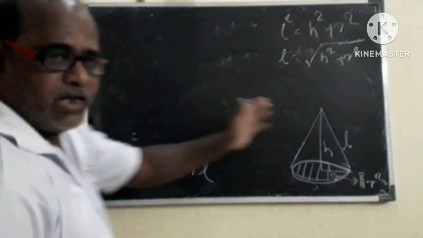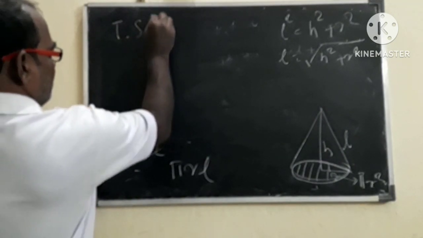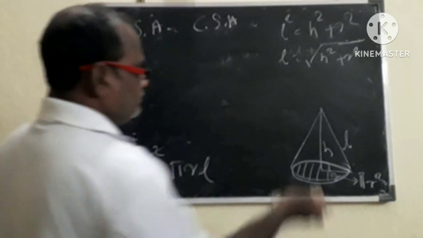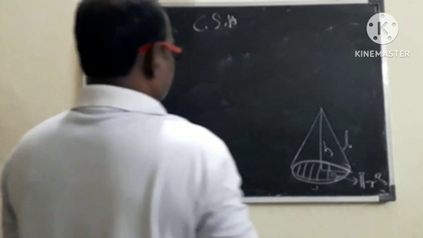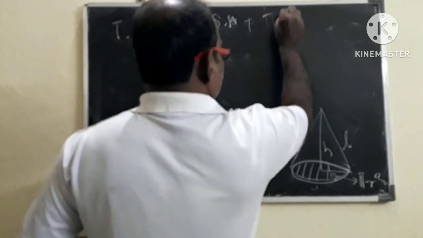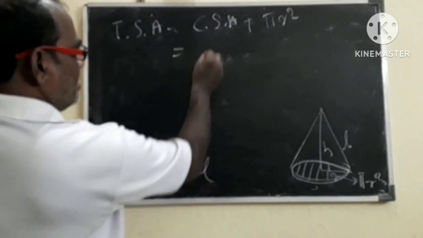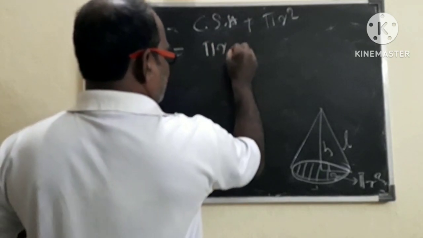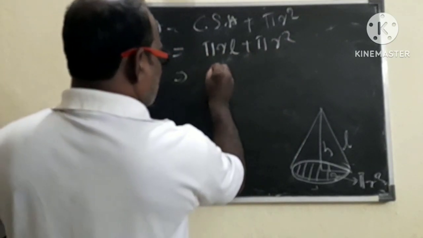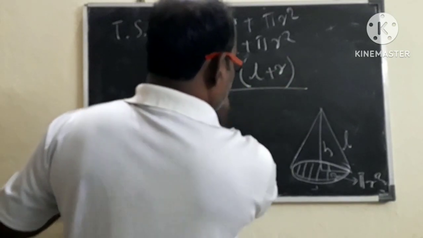Now the total surface area of the cone, TSA, is equal to the curved surface area plus the area of this circle, that is pi r square, which is equal to CSA, which we know is pi r L, plus pi r square. Taking pi r as common, we get pi r into L plus r as the total surface area of a cone.